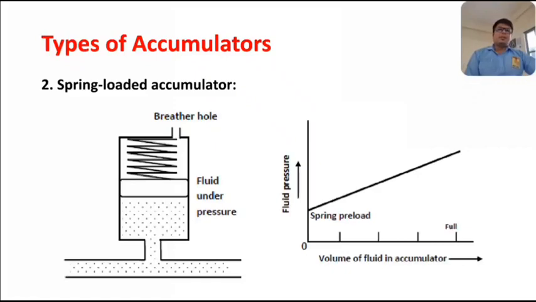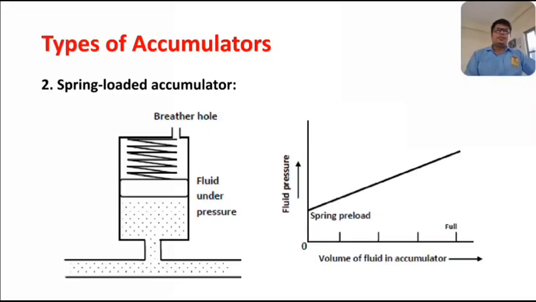This type of accumulator delivers only a small volume of oil at relatively low pressure, and the pressure exerted on the oil is not constant as in the first type, the dead weight type accumulator. As the spring is compressed, the accumulator pressure reaches its peak, and as the spring approaches its free length, the accumulator pressure drops to the minimum.